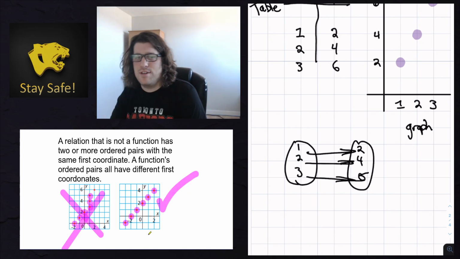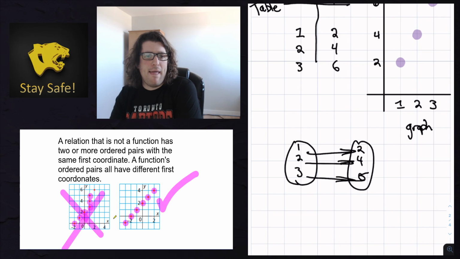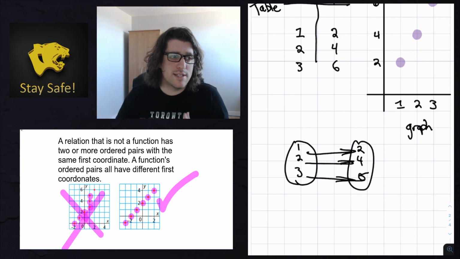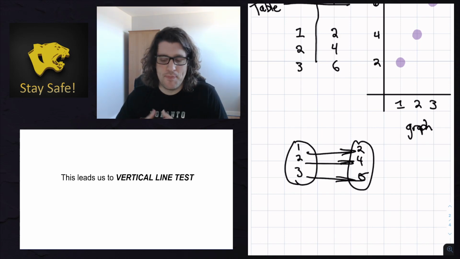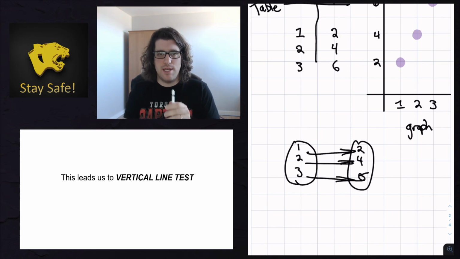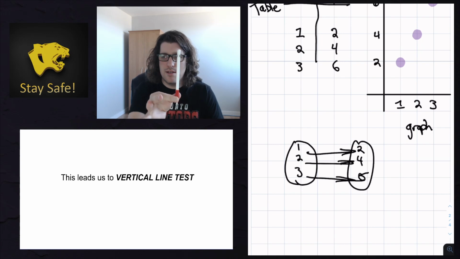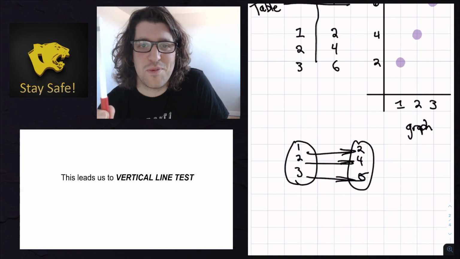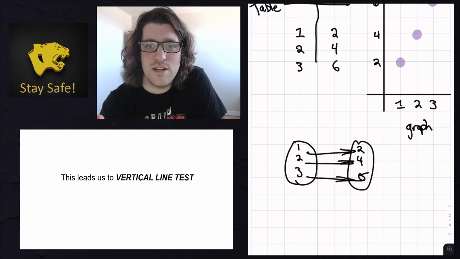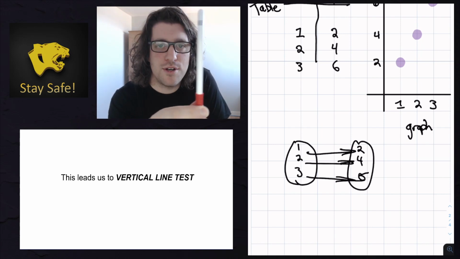So how do we tell the difference really quickly? Well, you can skim, but one of the nice things we can do is bring the vertical line test into play. A vertical line test is if you take your hand or an object that is nice and vertical, and you skim it across your diagram.